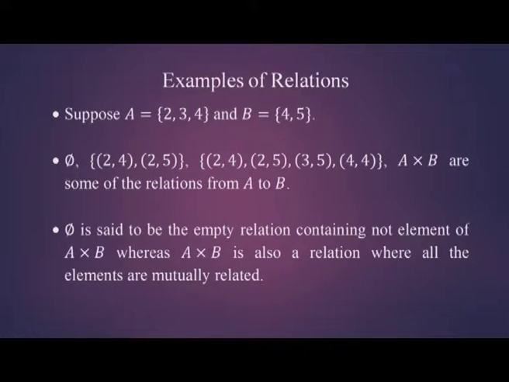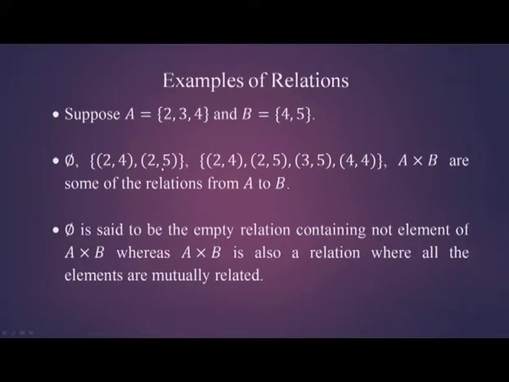That means, with respect to phi, no element of A is related to B. On the other hand, the other extreme case is A cross B, which contains everything. If you pick up any element in A and another element in B, it definitely is in A cross B. So, it is related. And then we have intermediates which are in fact more meaningful.